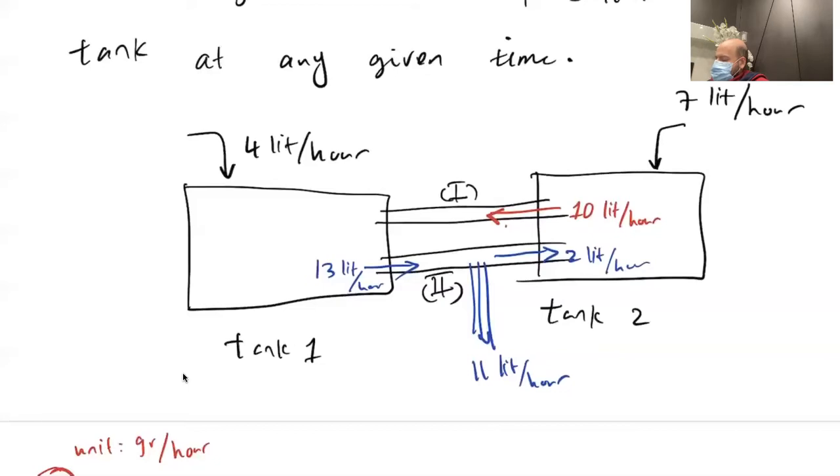And originally we have 800 liters in tank 1. So after each hour, how much water is added to tank 1? Originally it is 800 liters.